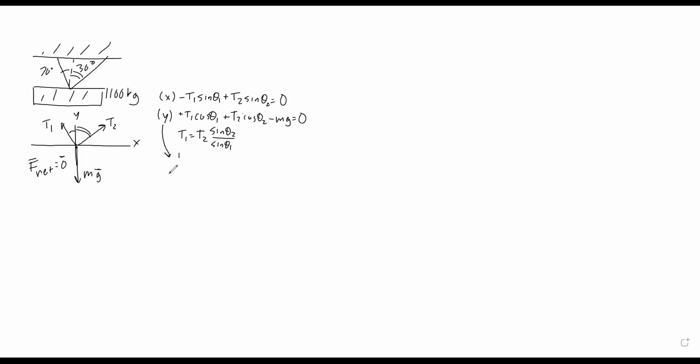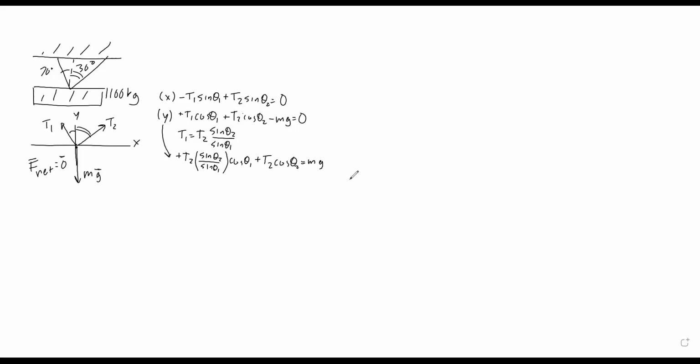This will be plus T2 sine theta 2 over sine theta 1 times cosine of theta 1, plus T2 cosine theta 2 equals mg.